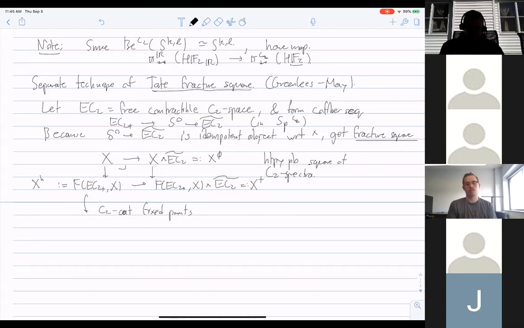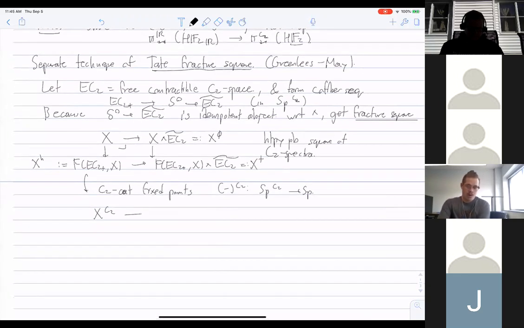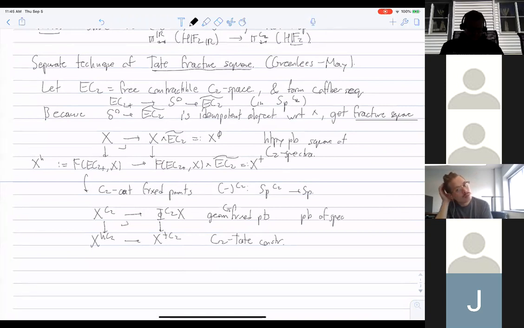If I take C2 categorical fixed points, that's this functor from C2 spectra to spectra, I get a description of the C2 categorical fixed points of X in terms of the geometric C2 fixed points, the homotopy C2 fixed points, and the C2 Tate construction. Again, that's a homotopy pullback square.